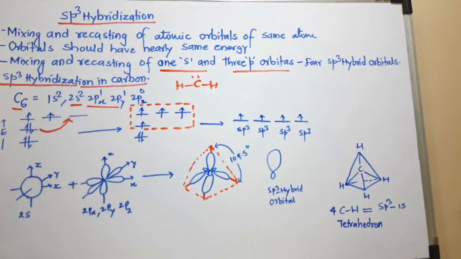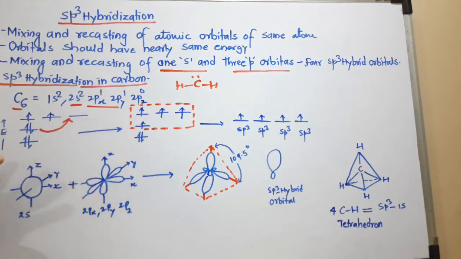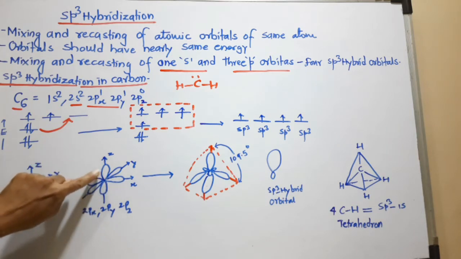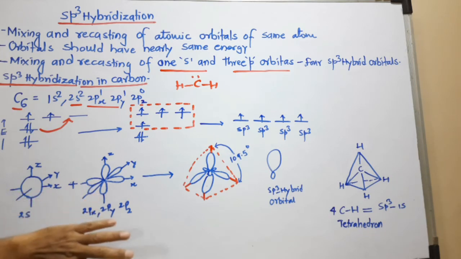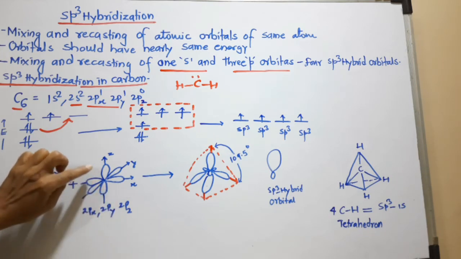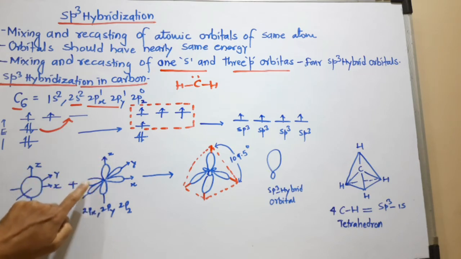Now see, if you want to show this using a diagrammatic representation, you know the s orbital is spherically symmetrical and p orbitals are dumbbell shaped. A p orbital has 2 lobes just like a dumbbell. If the two lobes are on the z axis, this is 2pz.